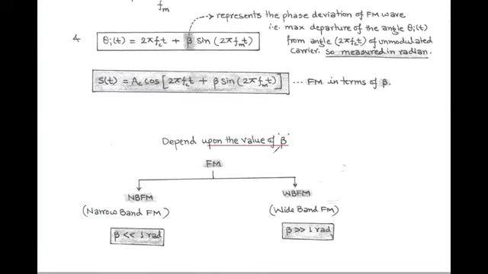Now, depending upon the value of beta, that is the modulation index, FM is classified into narrowband FM and wideband FM. In narrowband FM, the value of beta is far less than 1 radian, while in case of wideband FM, the value of beta is far greater than 1 radian.